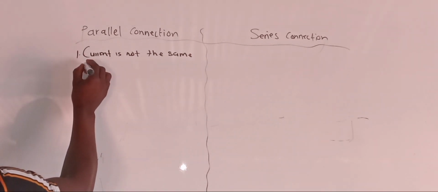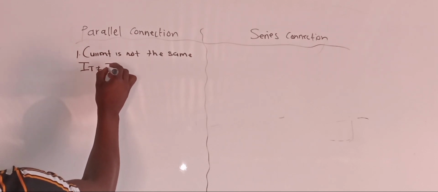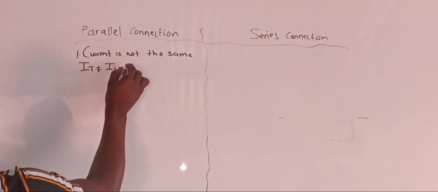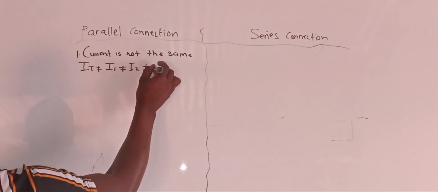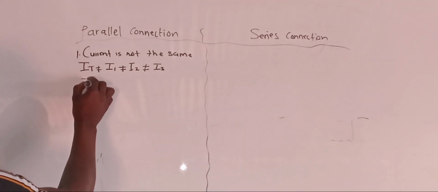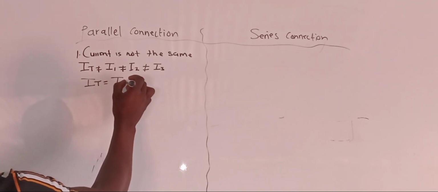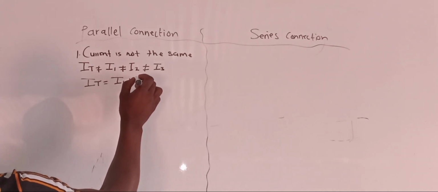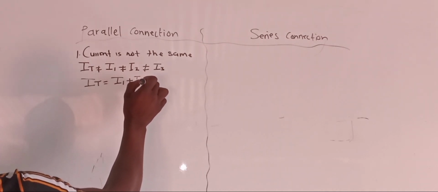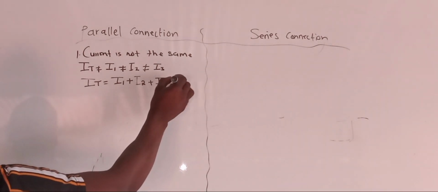For me to get the total current, I total is not equal to the current that will flow in resistor 1, or in resistor 2, or in resistor 3. But for me to get the total current flowing throughout the circuit, I must add the current flowing in the first resistor to the current that flows in the second as well as the current that flows in the third.